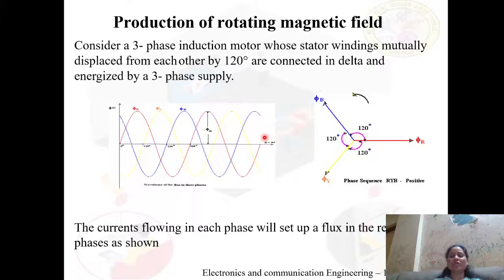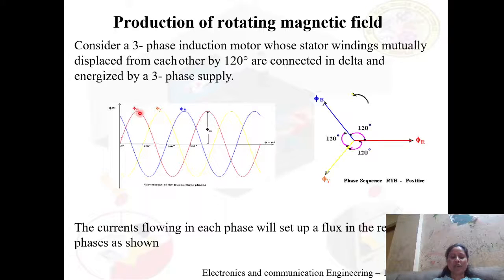If we consider the phase sequence as R Y B, this red line indicates the flux produced by the phase R, and the yellow line, so we can observe that it is starting 120 degree later.